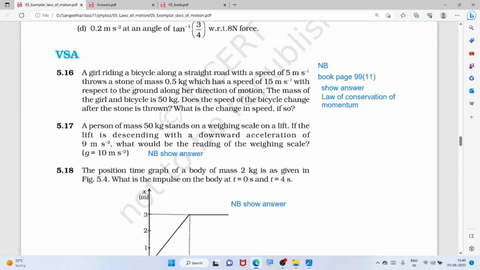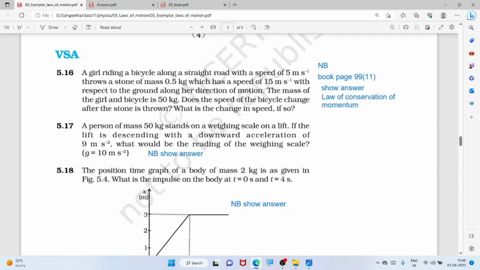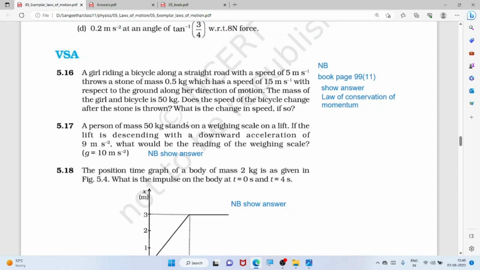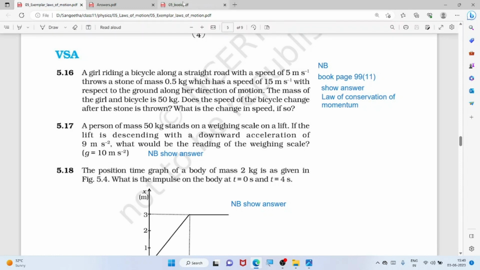A girl riding a bicycle on a straight road with this speed throws a stone of this weight and this speed with respect to the ground, in the direction of the motion. The mass of the girl and bicycle is given. They are asking whether the bicycle changes its velocity. Page 11.